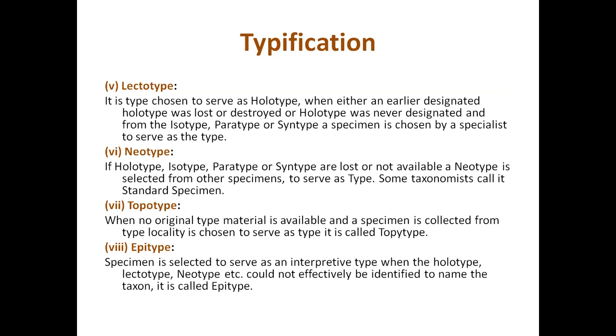And now finally epitype. A specimen is selected to serve as an interpretive type when the holotype, lectotype, neotype, etc. could not effectively be identified to name the taxon, then it is called as epitype. So epitype gives a more elaborative description.